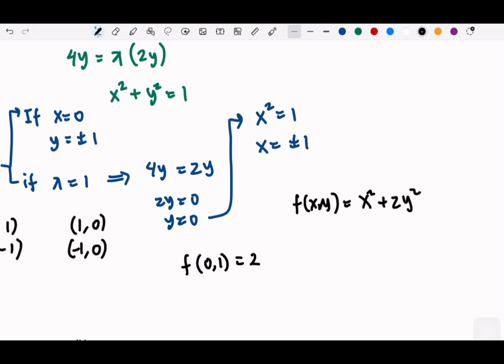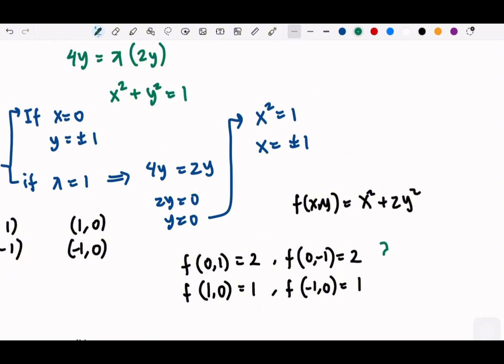This will be 2. f(0, -1) is also 2. f(1, 0) is 1. f(-1, 0) is also 1. So this will be the max value, and this will be the min value.